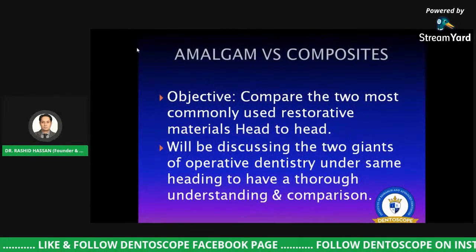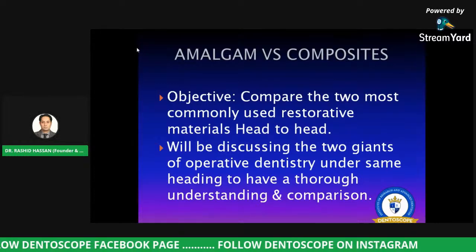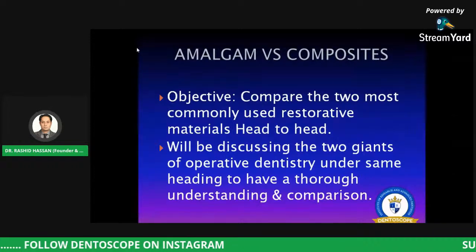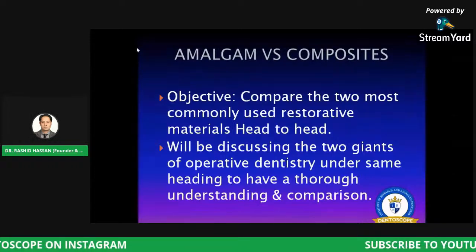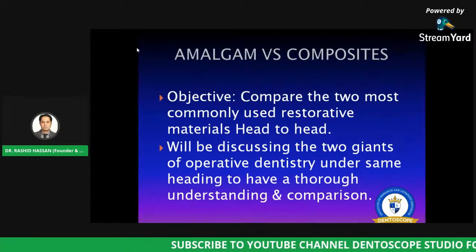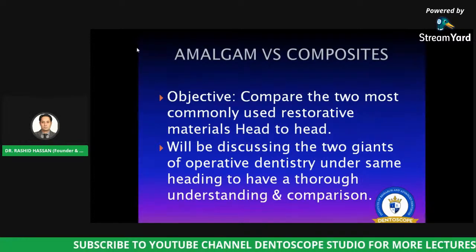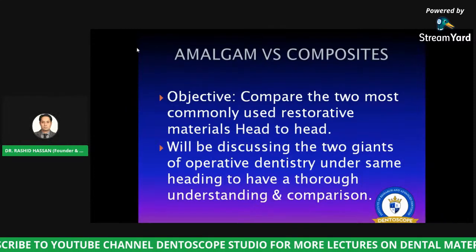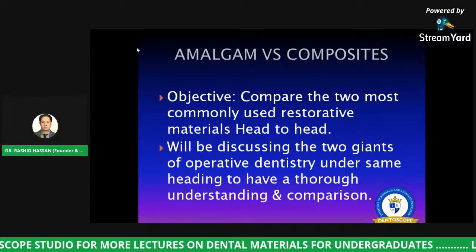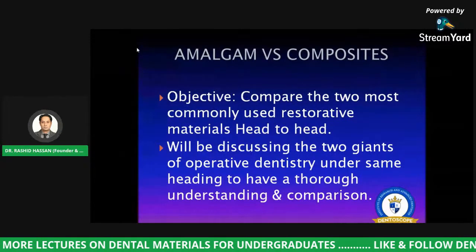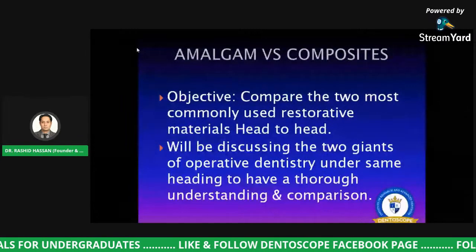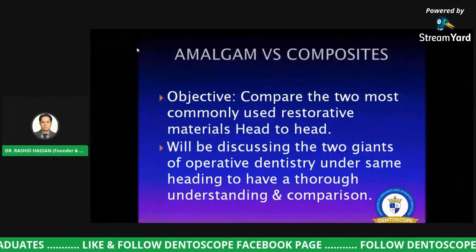Well, the main objective of today's lecture is to compare the two most commonly used restorative materials in dentistry head on head. We are going to talk about the composition, the properties, the indications, contraindications, and uses of both these materials, dental amalgam and dental composite.